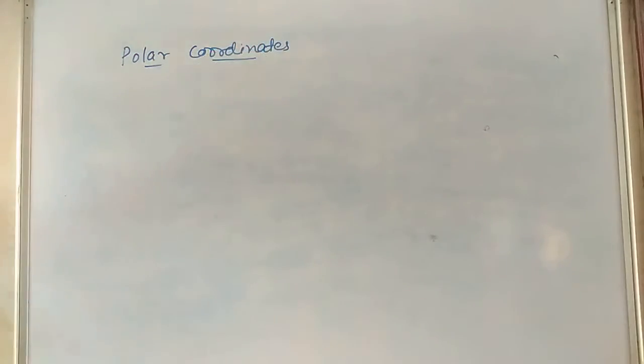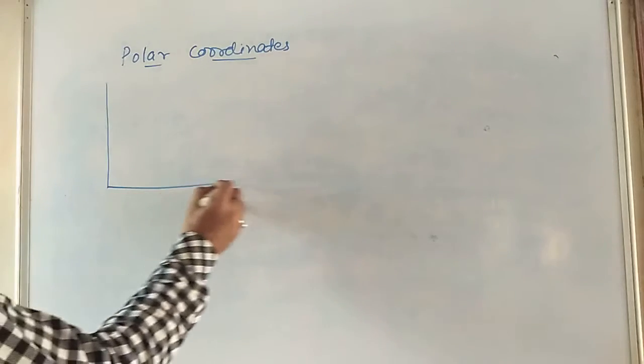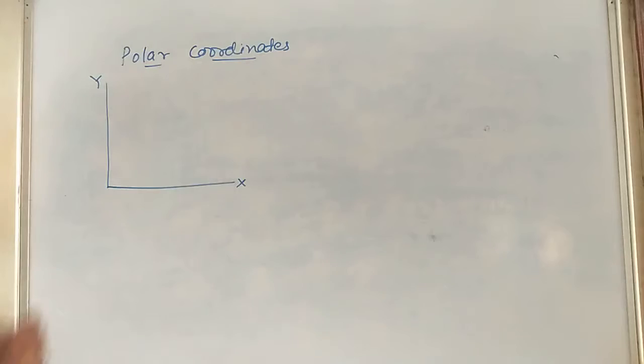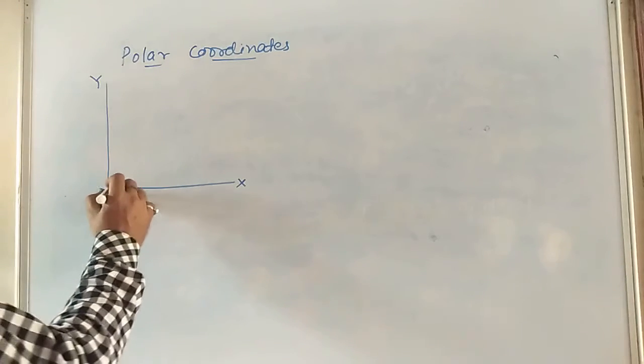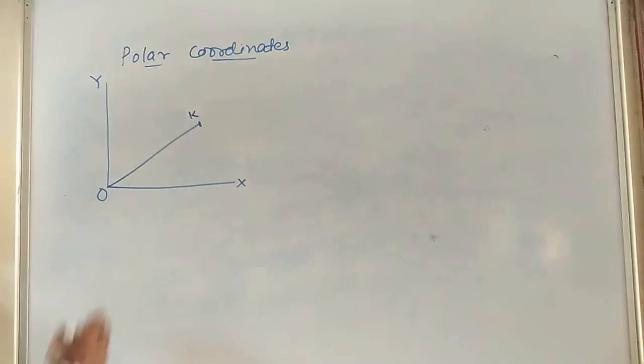For that I am going to draw the figure first. Suppose here it is our x-axis, this is our y-axis. O is the origin. Suppose the position vector of any point K is R.